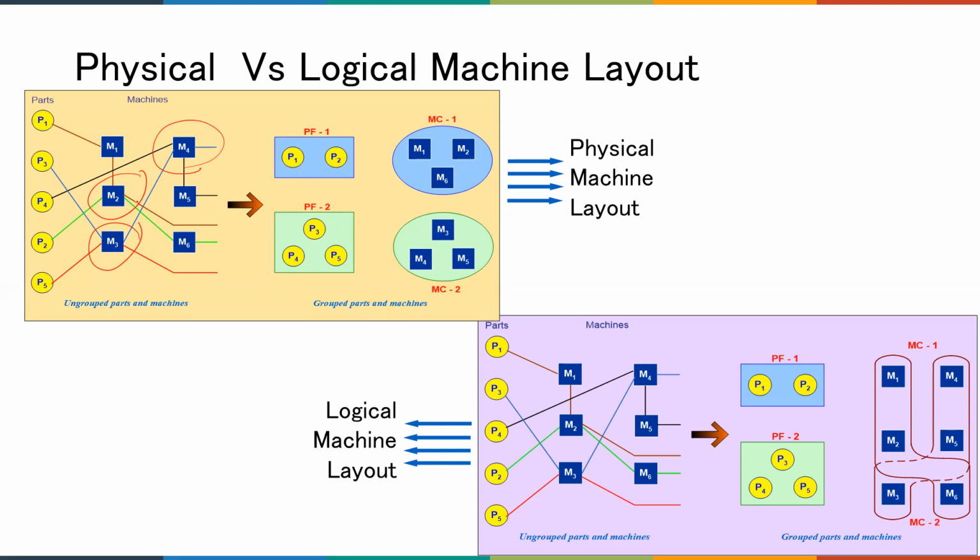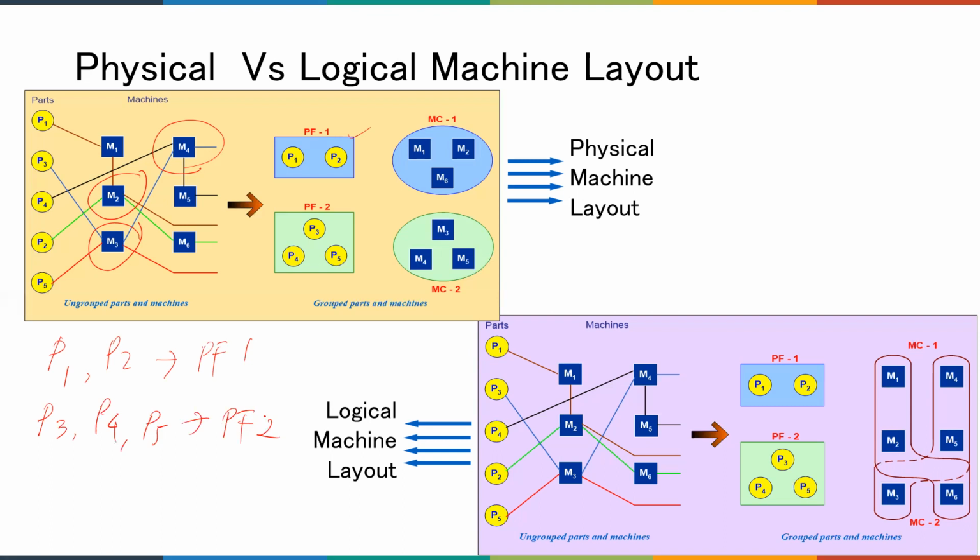So according to their shared machines, we try to group the parts. Part 1 and part 2 are decided to be the first part family, PF1, like this. And then part 3, part 4, and part 5 are part family number 2.